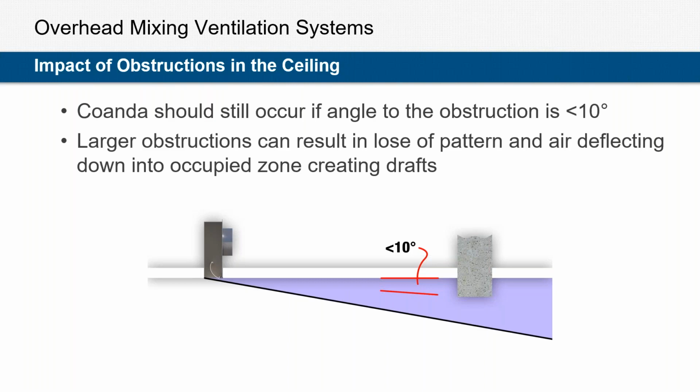So basically, if we look at the angle of the air coming out of that diffuser and to the bottom edge of that obstacle or obstruction, if it's less than 10, we can assume that the air pattern will be maintained. If that obstruction is larger, it can result in a loss of pattern and basically airflow being directed down into the occupied space, which again can create drafts, which is undesirable.